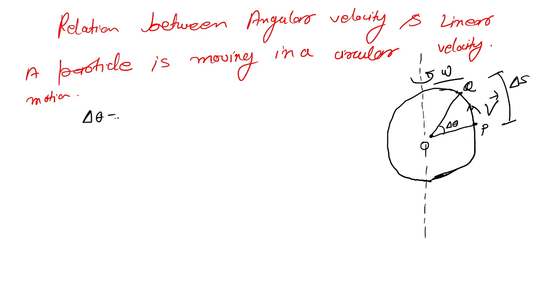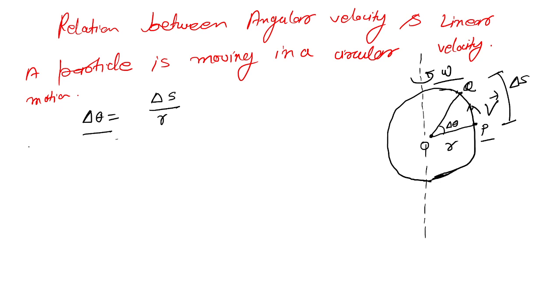Delta theta is equal to delta S over R, where R is the distance between O and P. Here we apply a trigonometry theorem, because this angle is very small. So angular displacement is equal to linear displacement over the distance between O and P.